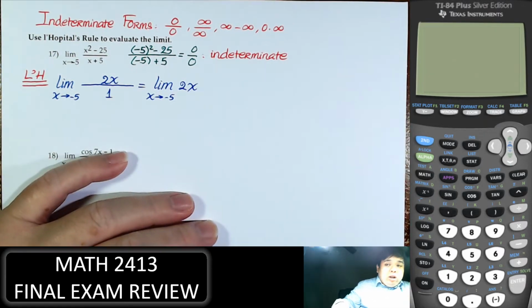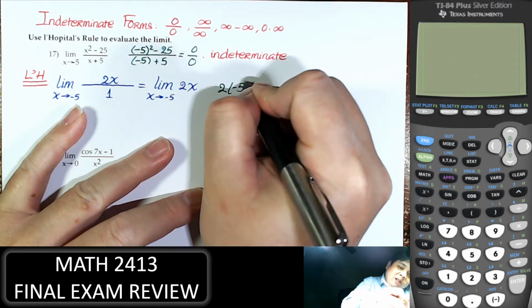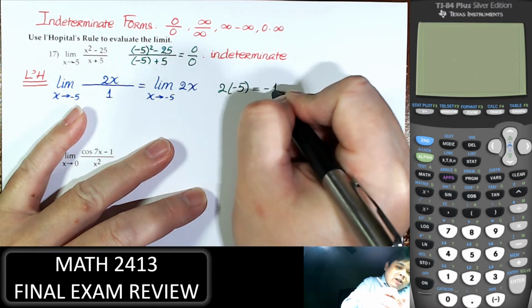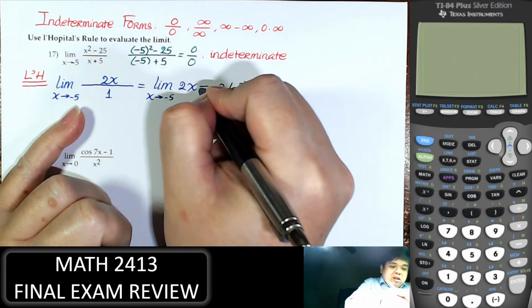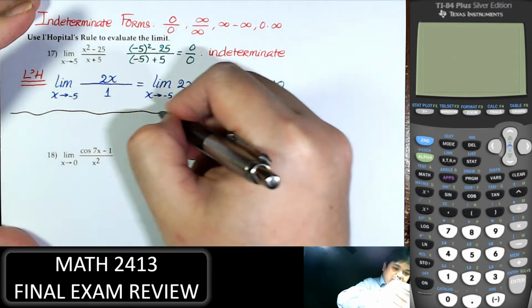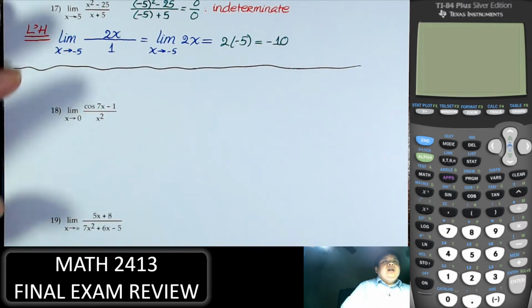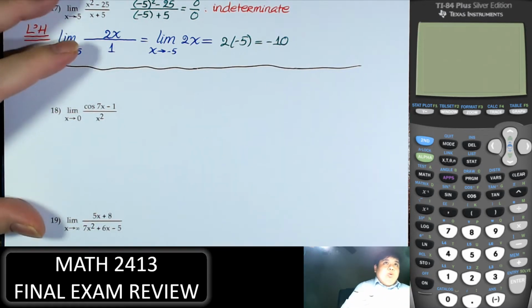And then we put in the numbers, and that is equal to -10, and that is a number that is defined, so we make the limit equal to that. So simple enough. It has to be in indeterminate form to use L'Hopital's rule.